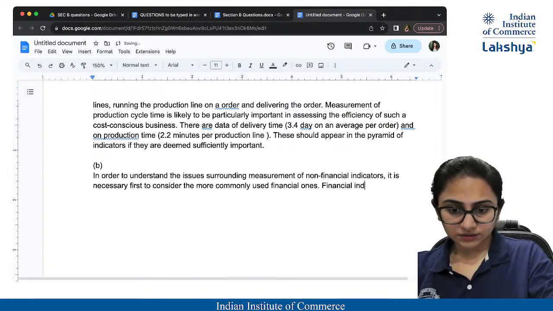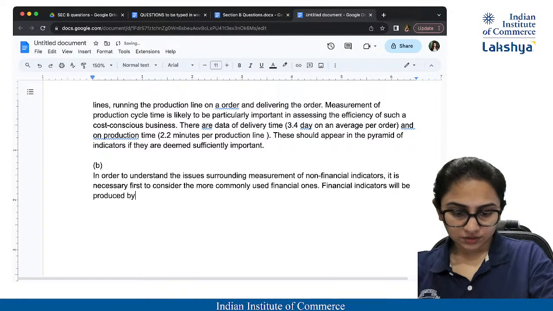Financial indicators will be produced by Harris Financial Systems.